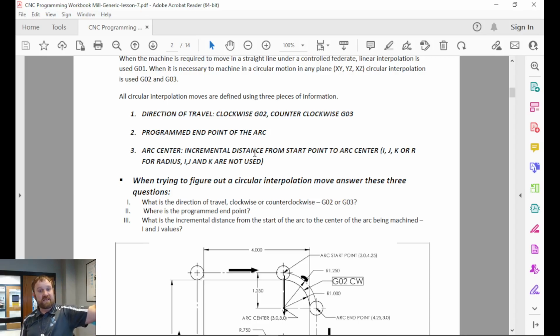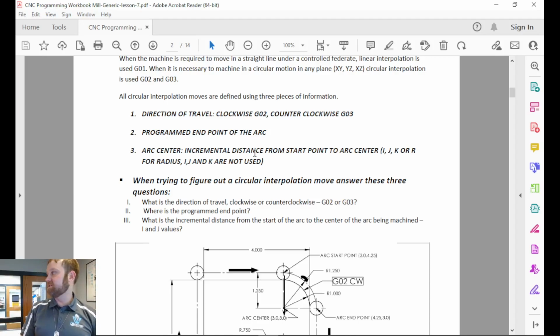And you see there it says you can use I, J, K, or R for the radius. The R for the radius is easier because you don't have to look at it and say, is it going negative or positive? Is it in the X direction or the Y direction or the Z direction if you're doing a 3-dimensional arc, which would be a K. But you don't have to decipher that. It's always an R when it comes to arc moves using an R value. It's just an R and whatever the positive arc value is.